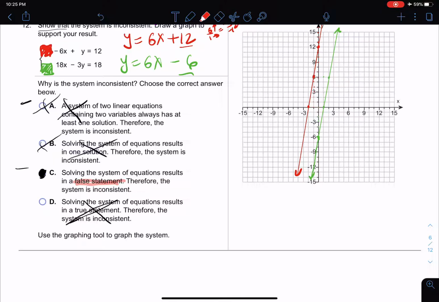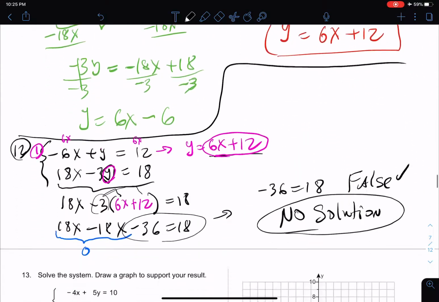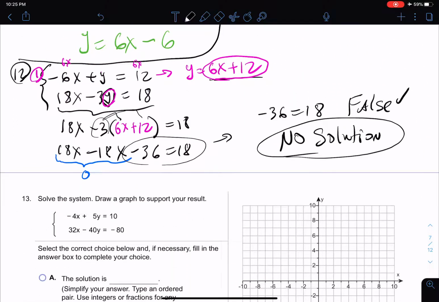Therefore, the system is inconsistent. And you could also think about that means there's no solution. Solving the system made a false statement. Isn't that a false statement right there? Does negative 36 equal 18? No, it never does. That's false. Okay, number 12. Let's go to number 13 now.